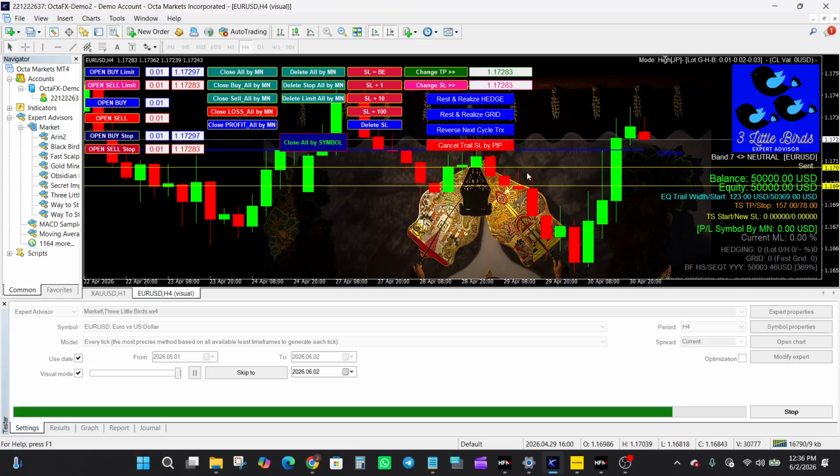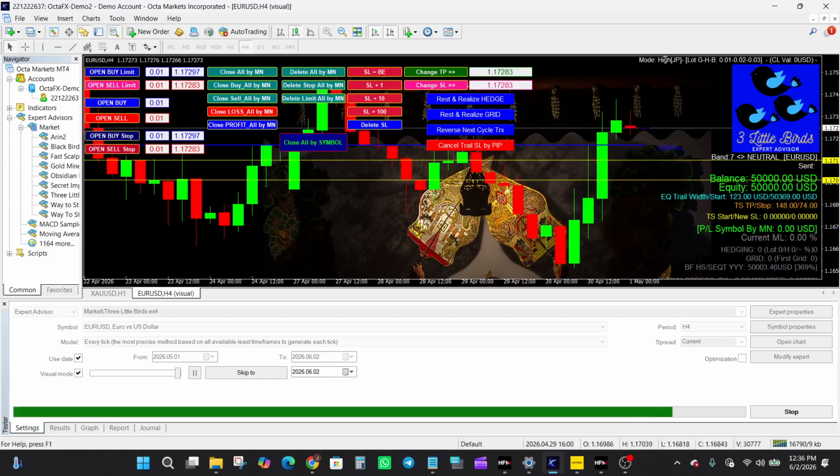Now, based on the structure described by the developer, the EA appears to alternate between recovery behavior during drawdown conditions and compounding behavior during favorable movement. So during certain periods, we might be able to see clusters of trades building exposure, which is consistent with the grid and martingale structure described in the product information.